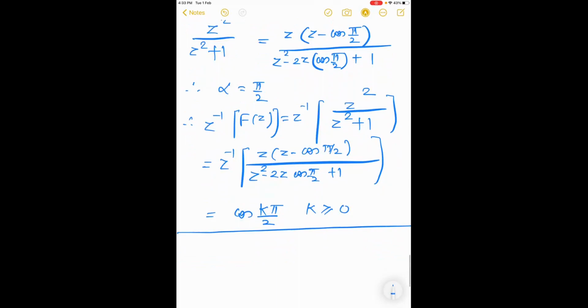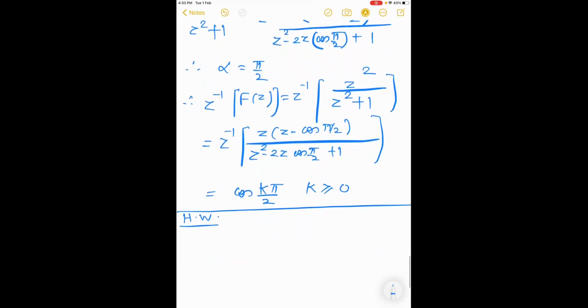So one homework example I'm just giving you along with this, and then I will explain you the difference equation. Just to get the answer for the inverse transform.